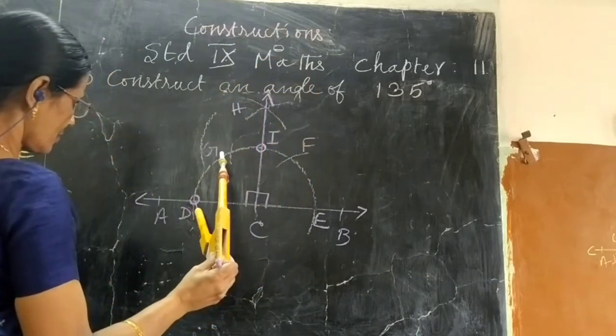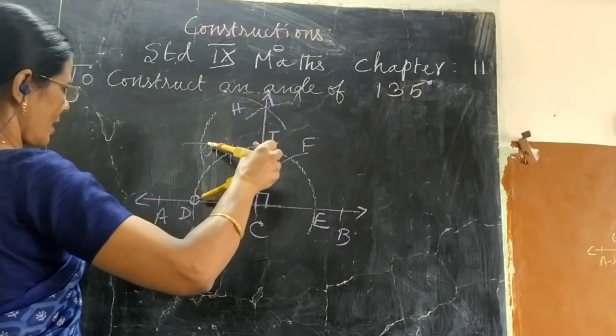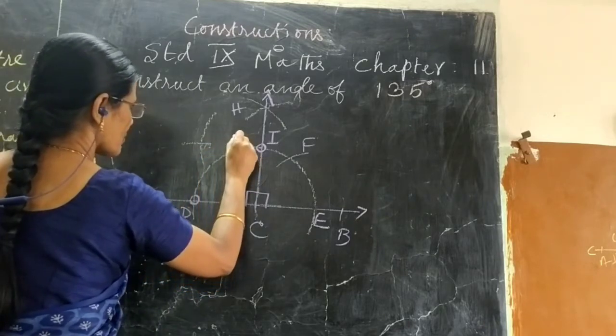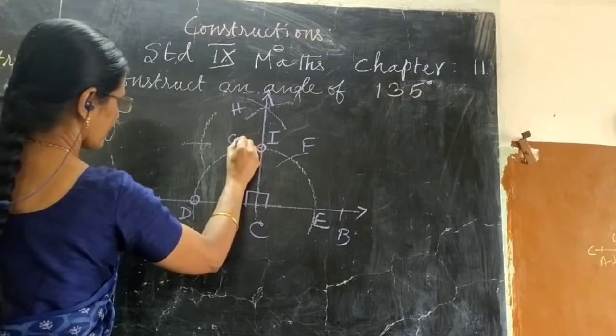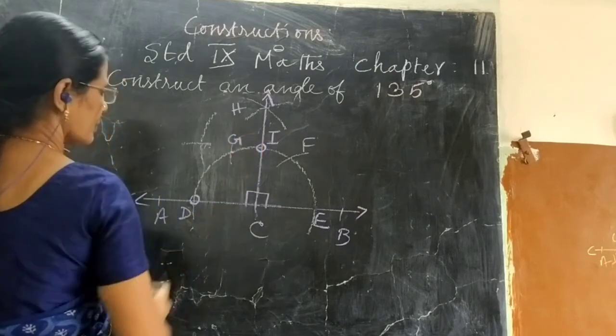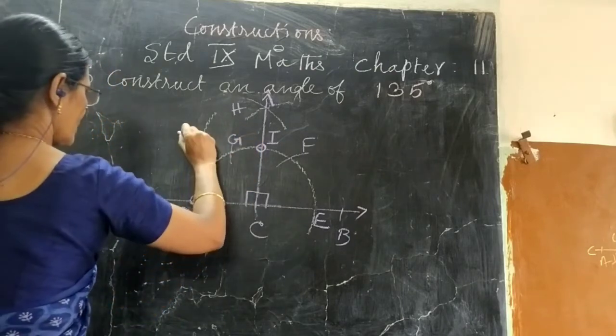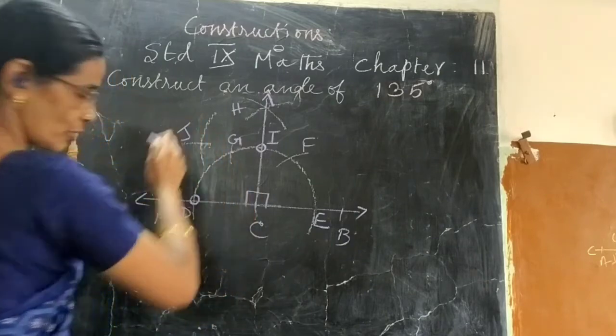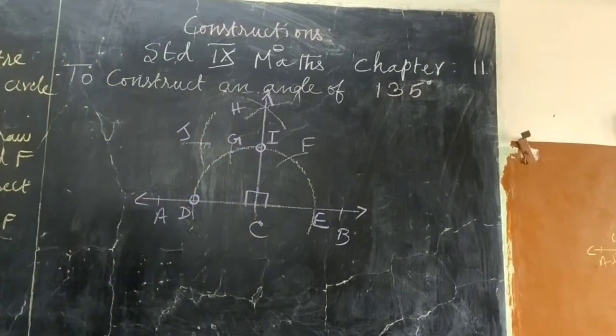D center, with the same radius, another arc is drawn. This is G. So this is J, this point of intersection. So we are going to draw ray CJ.